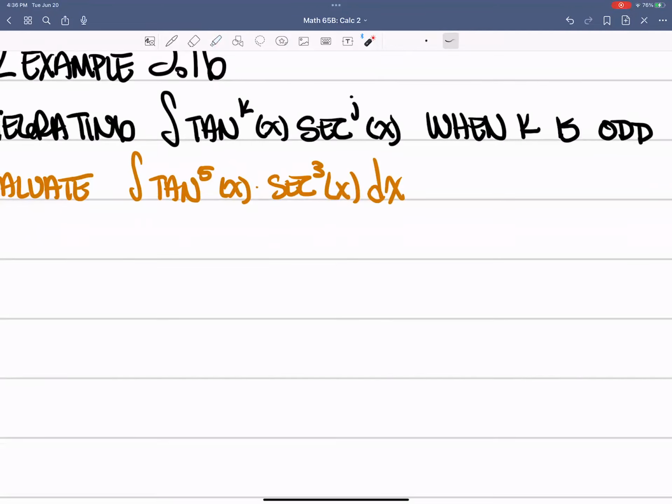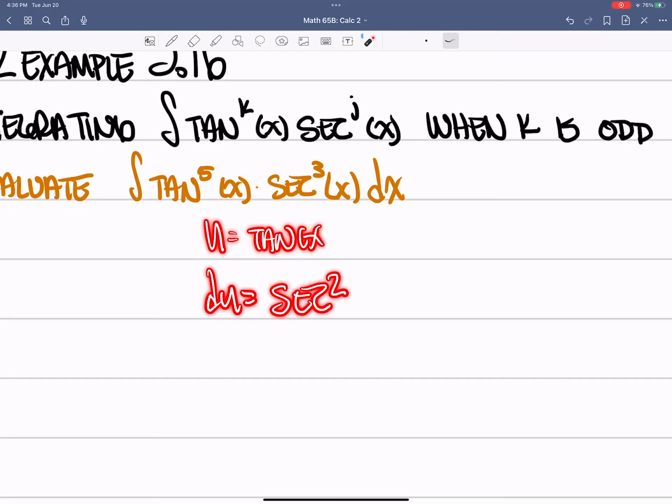When u is equal to tangent x, du is equal to secant squared x dx. That's not going to make too much sense here because we have secant cubed.